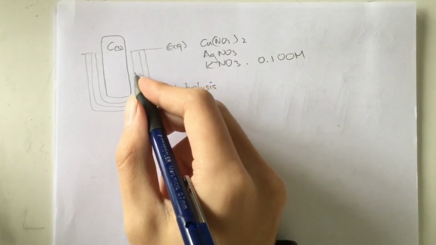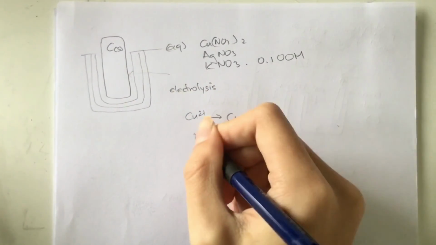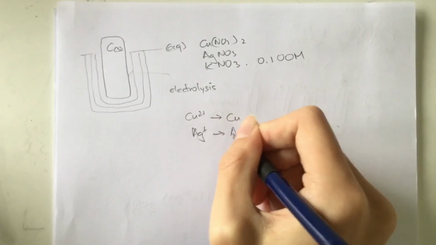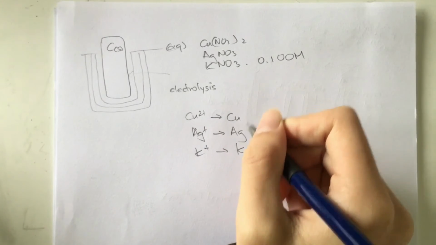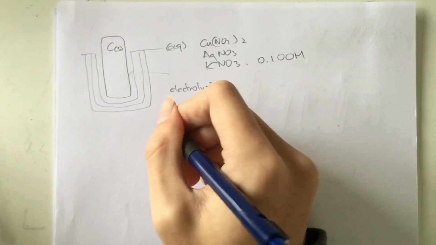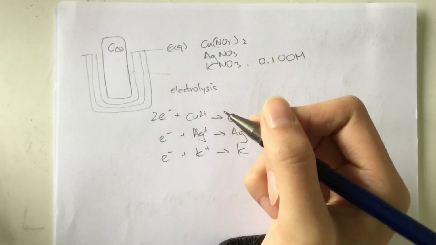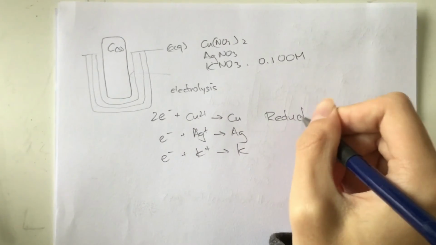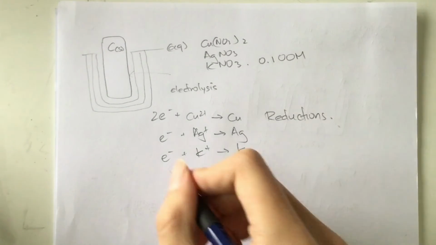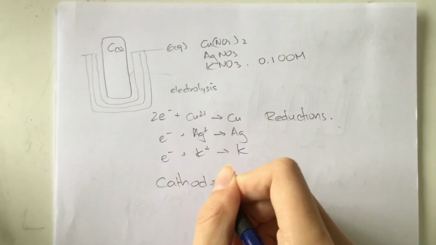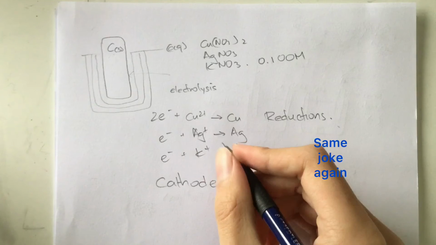See, it's got things turning into solids on it, like Cu2+ turning into Cu, or Ag+ becoming Ag, or K+ becoming K. And if you add the electrons, you discover that these are reductions. And if it's reducing, it must be the cathode. See the C here? It stands for cathode.